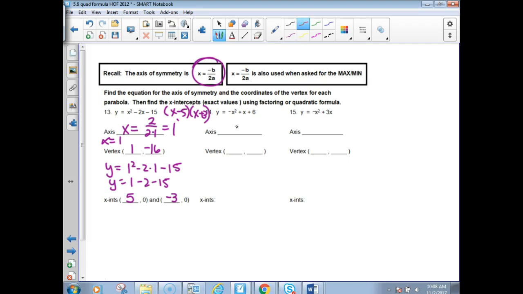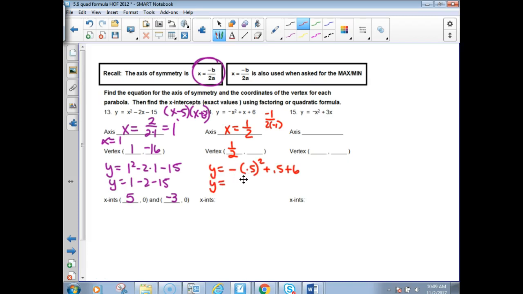Okay. Number 14. The axis will be, I'm just going to do the opposite of b up here. So it'll be negative 1 over 2 times negative 1. So I get a positive 1/2. So the vertex is at 1/2 something. I have to plug in 0.5 squared plus 0.5 plus 6, with the negative sign in front of the square.